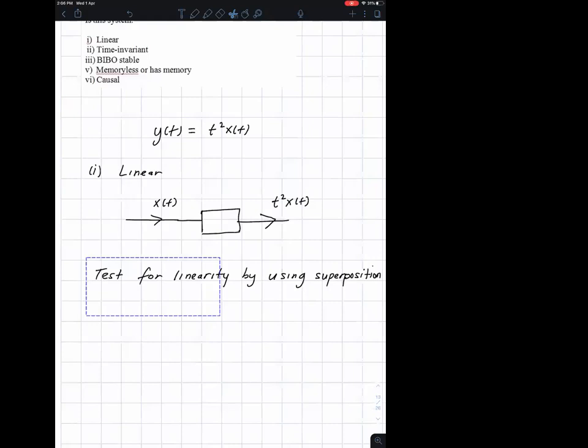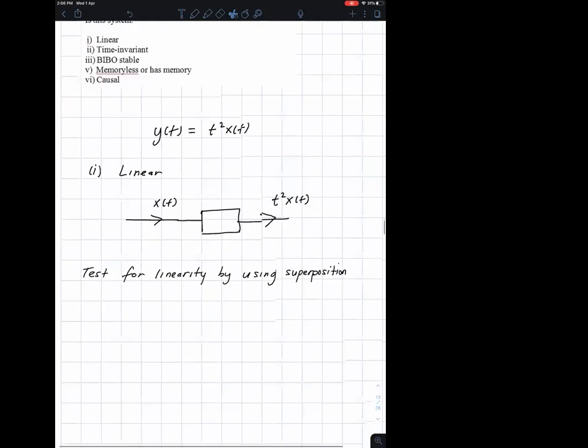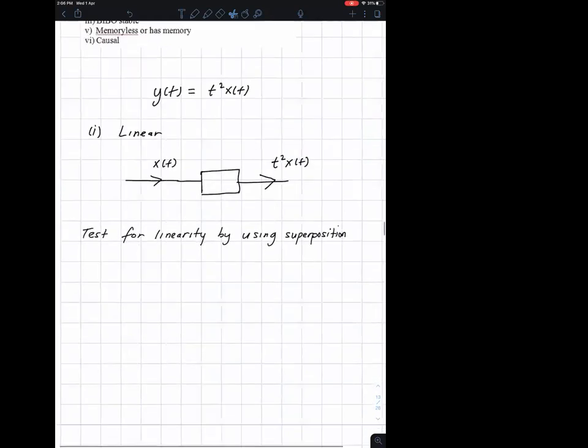Input x(t) produces an output of t squared x(t).